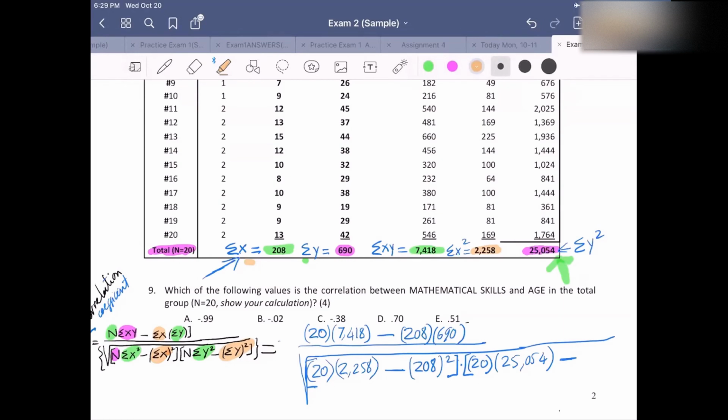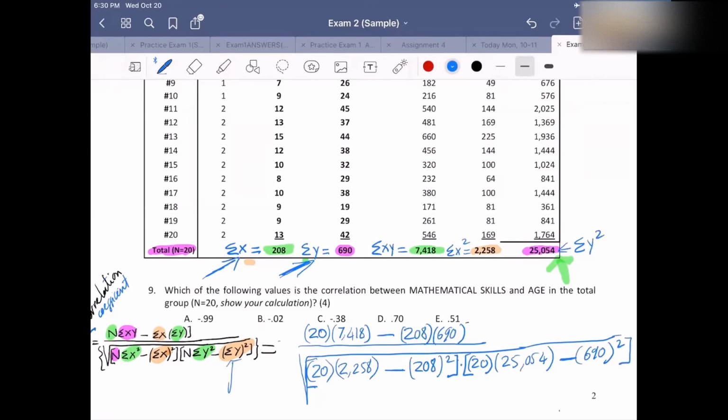The last one, the last notation. The last one is the sum of y, which is 690, and then you have the squared, okay? So that is the last part, and make sure that you use a bracket for me.